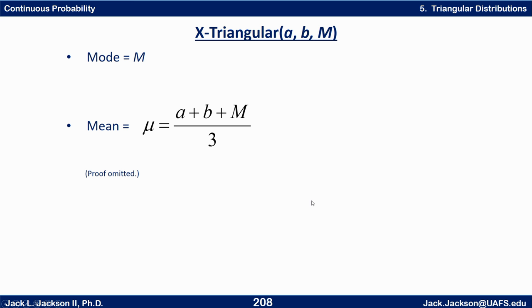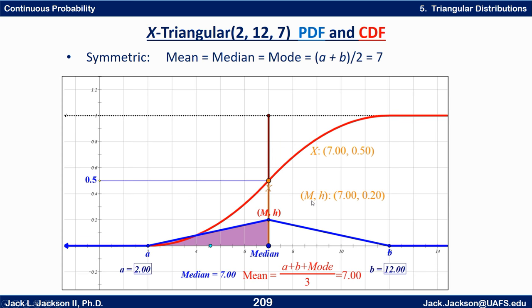But let's look at a couple of examples now of the PDF and CDF together. The CDF's in red. The PDF and the CDF are on top of each other right here, so the blue's on top of the red, from negative infinity up to whatever a is. In this case, a is 2 and b is 12, and I have the CDF in red and the PDF here.